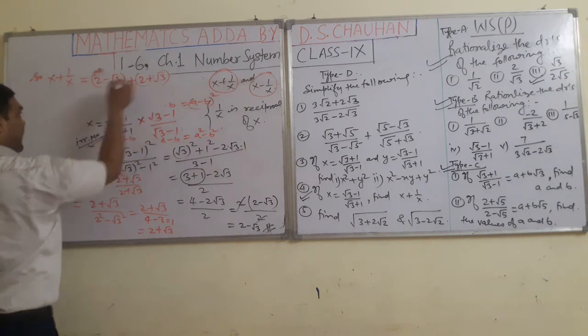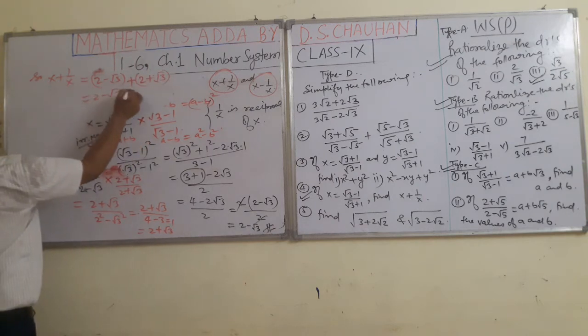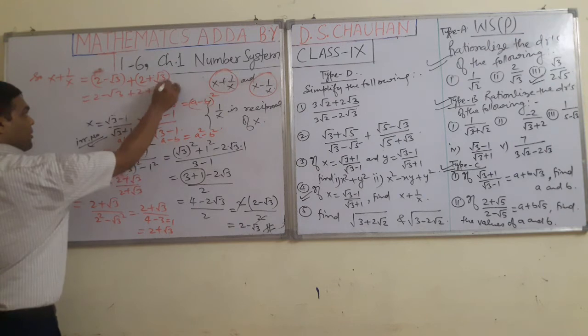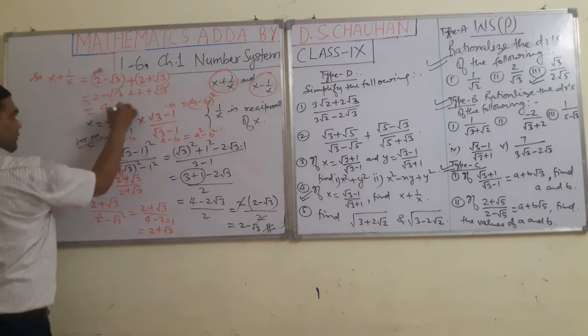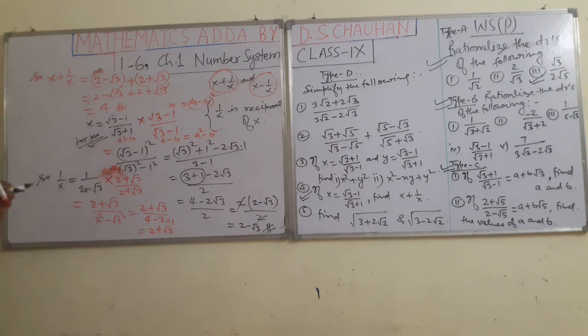Now open the bracket, root 3 cancels. So 2 plus 2 is 4. Similarly you can find out x minus 1 by x.